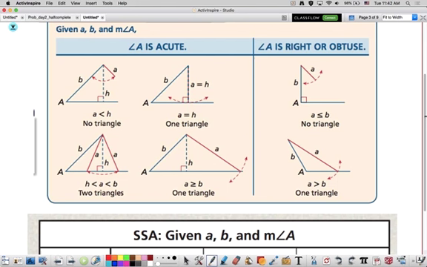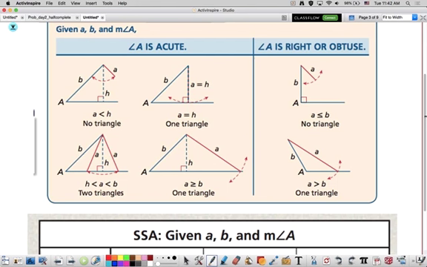Sides have to be longer than the shortest distance. If this is shorter than the shortest distance, there's no way it's going to touch. If it's equal to h, can I make a triangle? Yes, and it's going to make a right triangle, because if this is the shortest distance, it's going to be perpendicular to this line. That means it created a 90-degree angle, so it forms a right triangle.